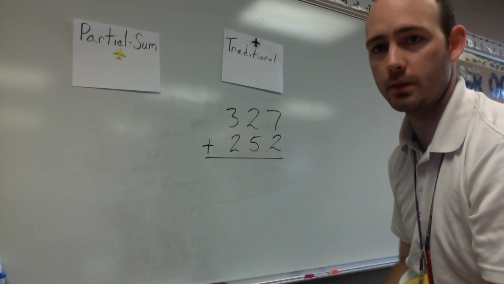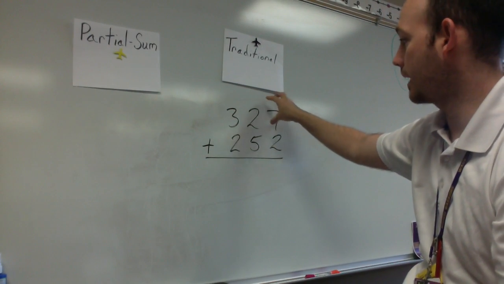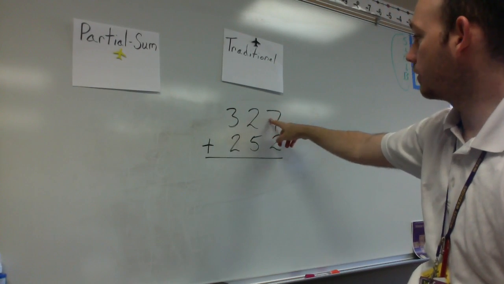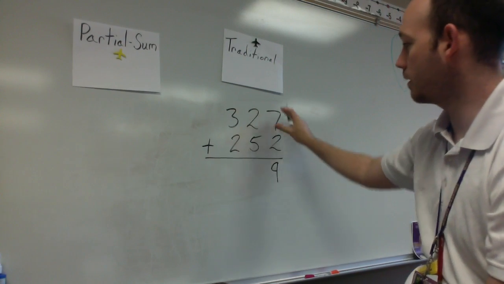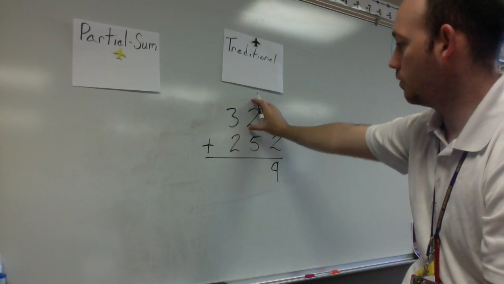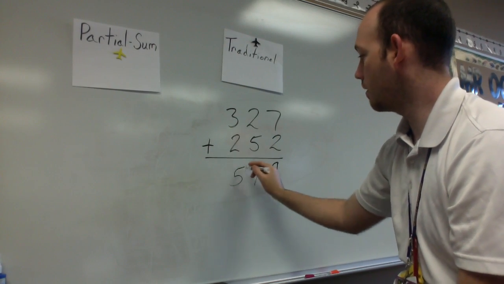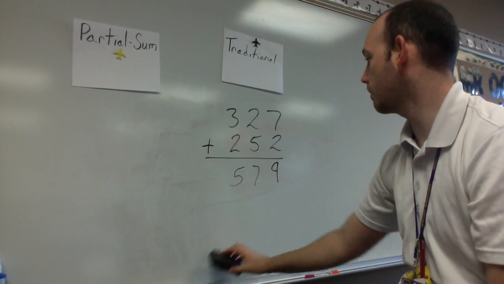There's a lot of different words that people use for it, but hopefully we can figure out what that means exactly. We're not going to see any of that in this example, but we will in some of the next examples. So we have 7 plus 2, that gives us 9. So I just write it right under the column. 2 plus 5 is 7. 3 plus 2 is 5. And we have 579. Okay, pretty straightforward.